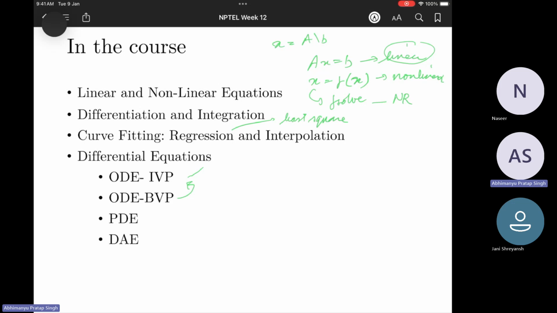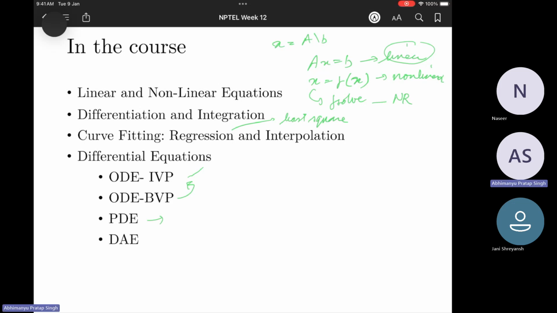Rather, we just change the time variable to some x or y variable, and we solved it as an initial value problem. Then we saw PDEs and how to solve them using the method of lines, where we convert the PDE into a set of ODEs, and then we solve it. And further, in the bonus part of the weekend, we also saw differential algebraic equations.